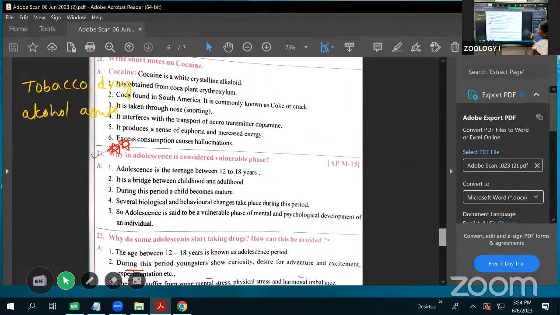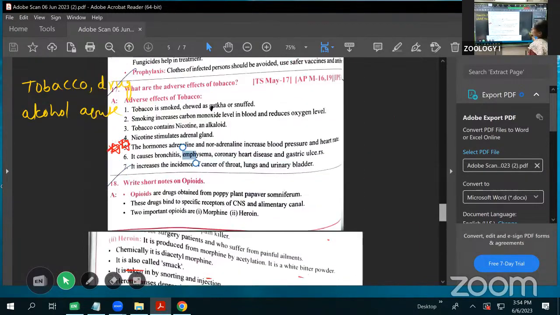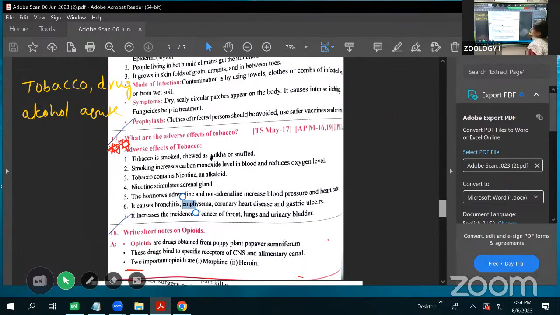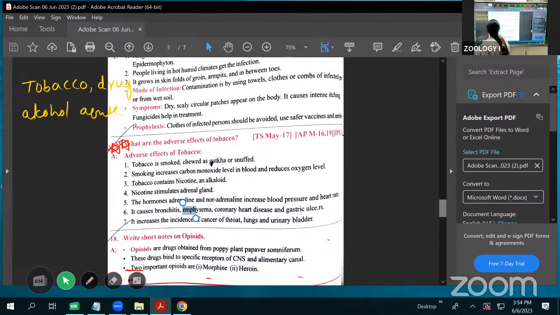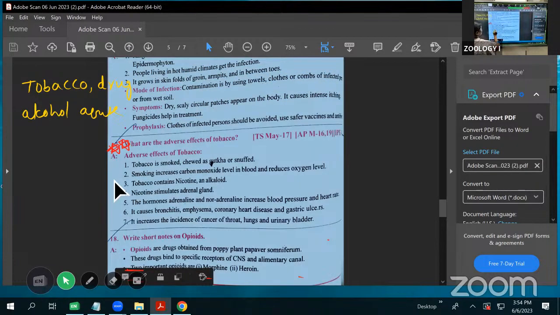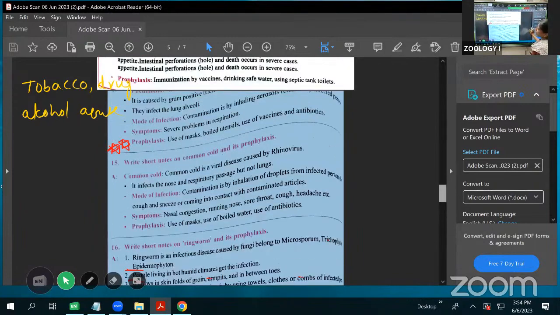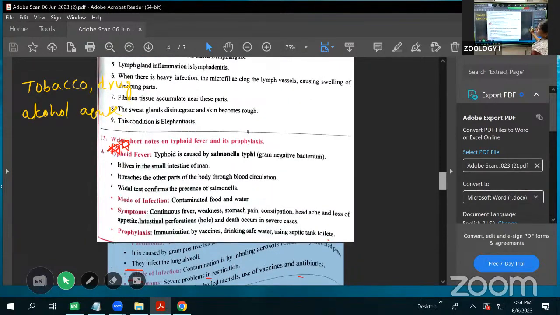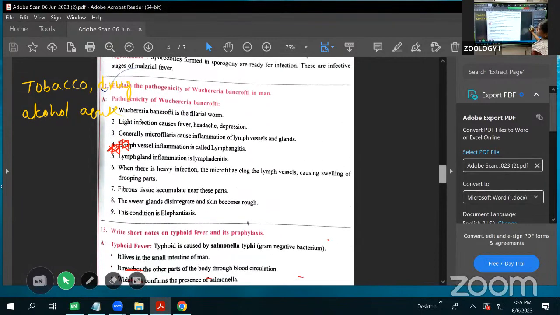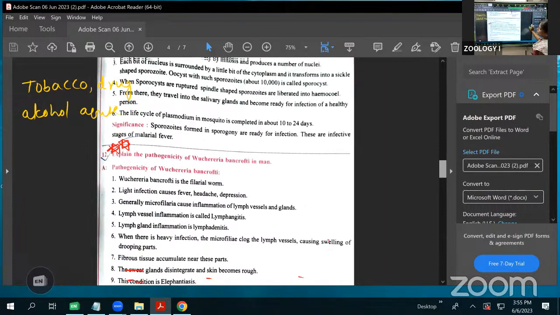This is also important. Adolescence is a vulnerable phase, but I am giving this as most important. See, this one is the tobacco adverse effects. This is also one important question. Next is Eucharia branchiati; that is not that much important.